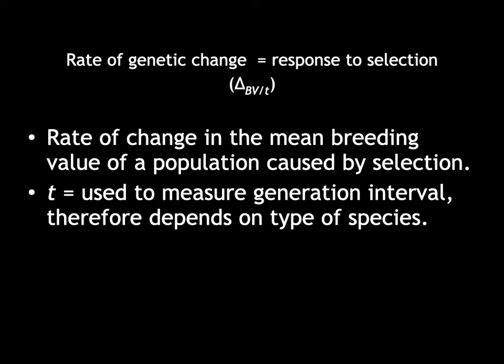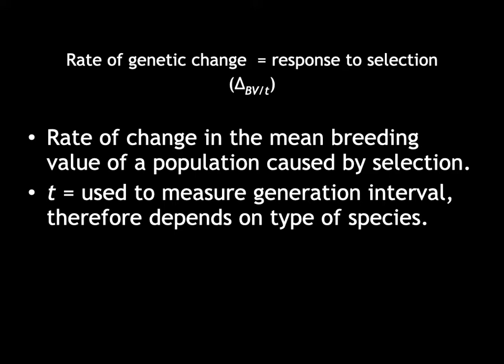In the key equation formula, what we want to know is actually the rate of genetic change. So this is actually the response to the selection that we did in the genetic improvement program. We translate it as the mean breeding value of a population caused by selection, and we divide that with t, which is the generation interval.